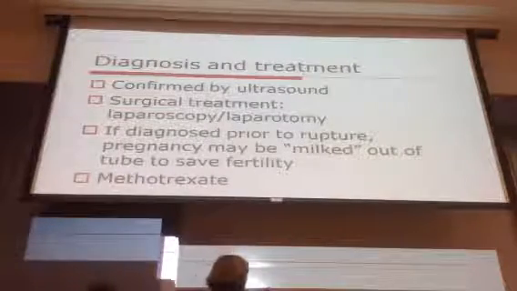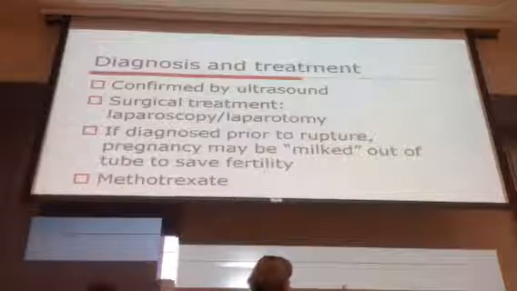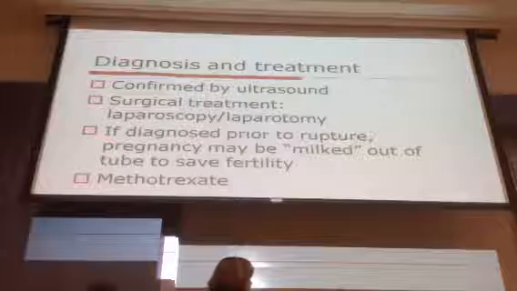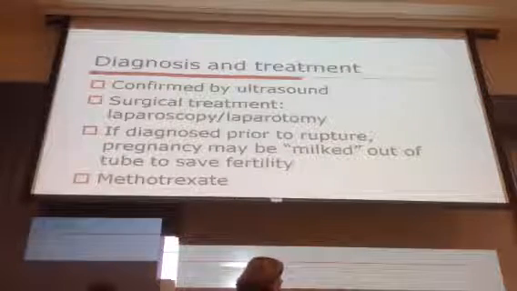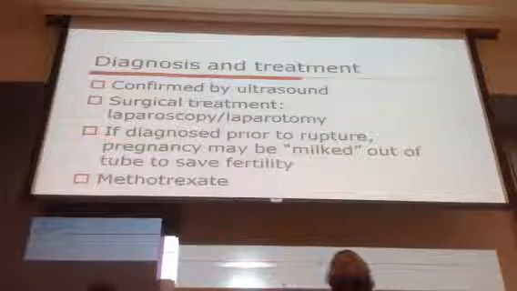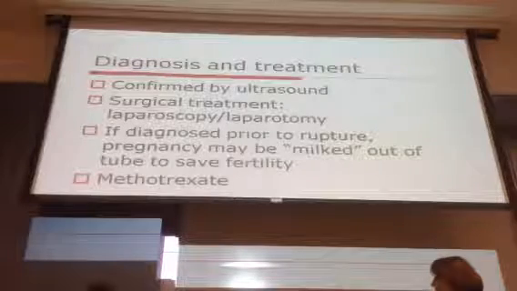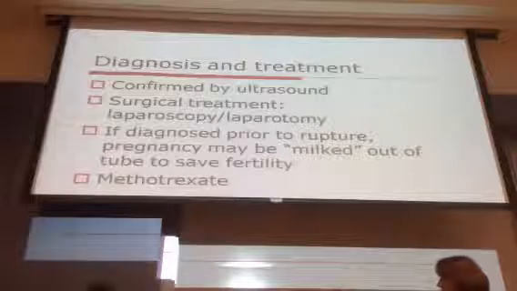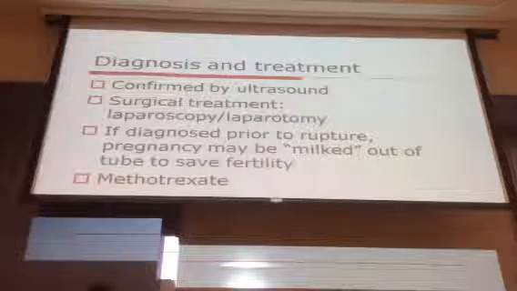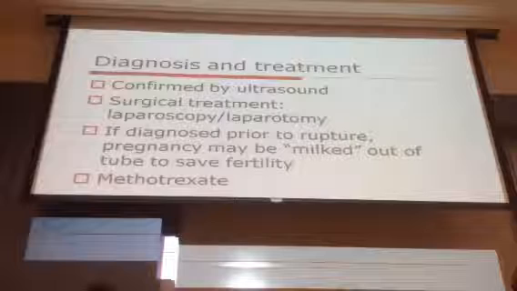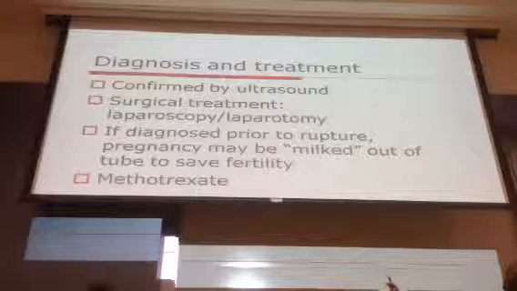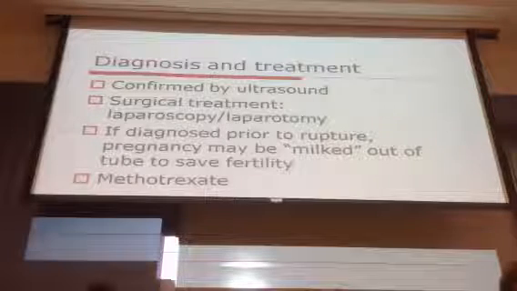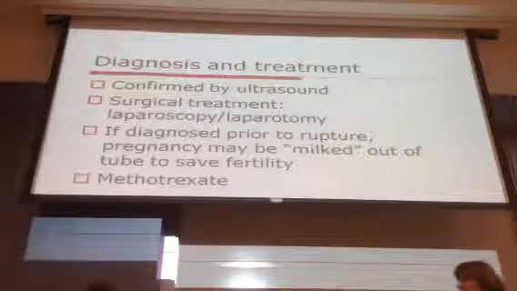If here's the tube, and it's patent, and here's the fimbriated end, and here's the pregnancy, then they can go in through a laparoscope, and you guys can't see this, and just suction the pregnancy out of the end of the fallopian tube, okay? So that keeps her tube intact, so she doesn't lose her fertility on that side, because once you lose a tube, you lose about 50% of your chances. So they may do that.